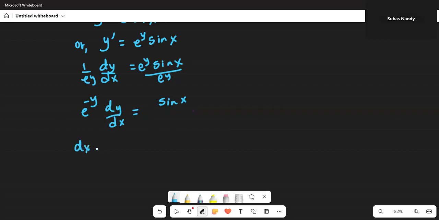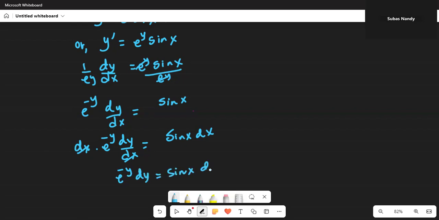So dx times e to the power of minus y dy by dx is equal to sine x dx. This dx and this dx will cancel. Okay, so we have e to the power of minus y dy is equal to sine x dx.